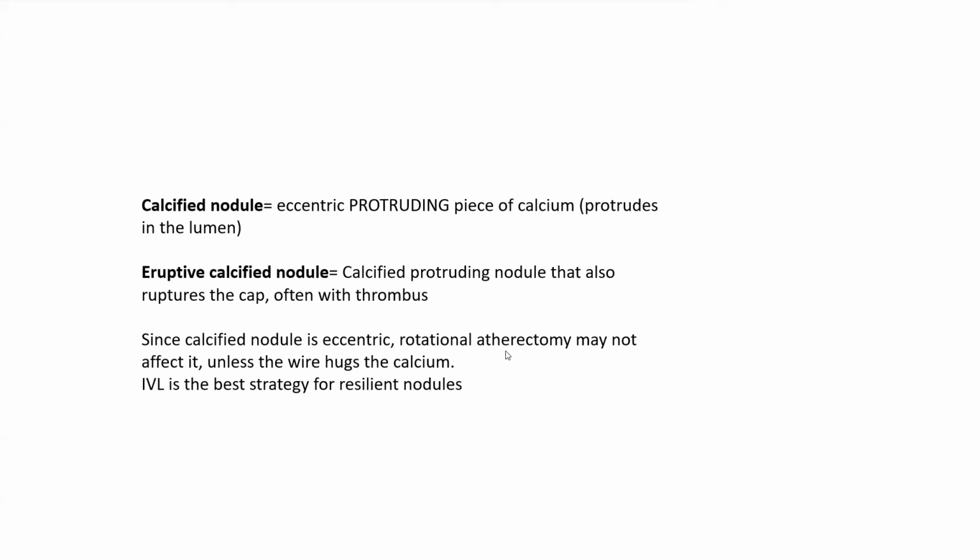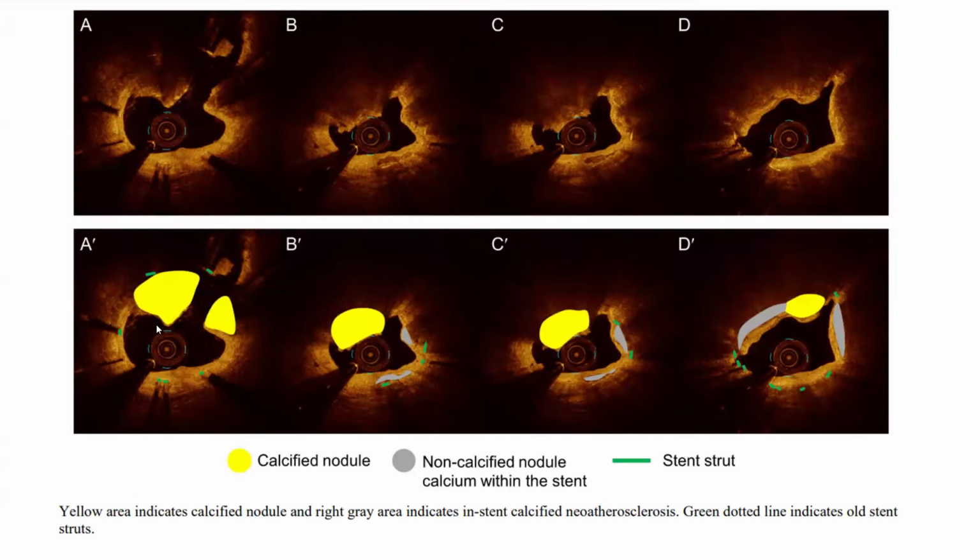Otherwise, rotational atherectomy will not be effective in cutting it, which will cause stent underexpansion. IVL is the best strategy for resilient calcified nodule. Orbital atherectomy may be used, and it is more likely to orbitate eccentrically and touch the nodule, but it's also potentially more likely to dissect or perforate the non-calcified part of the vessel.